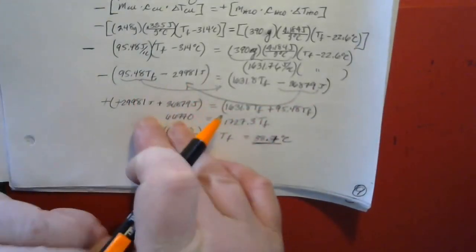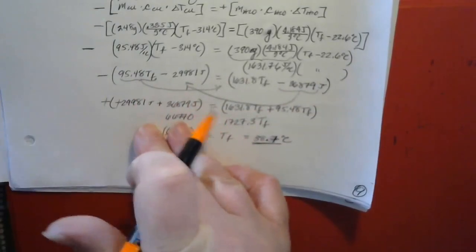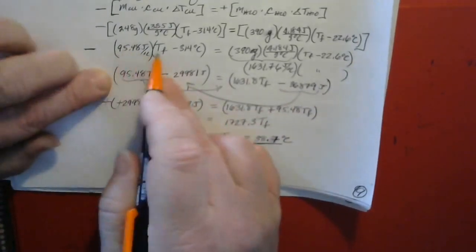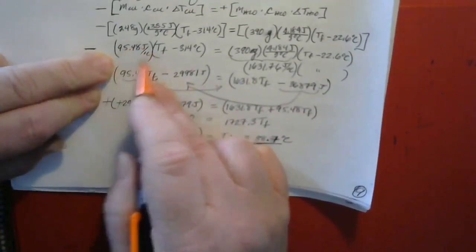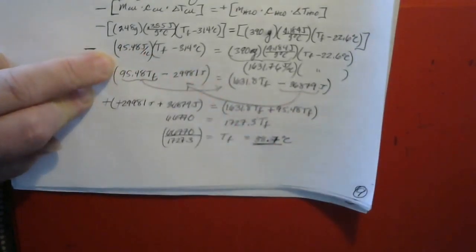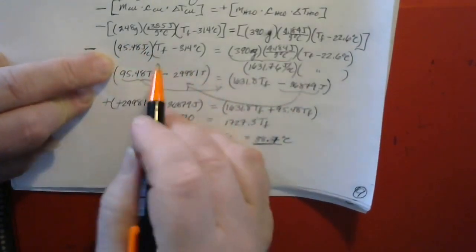Right, well, now probably the easiest way to do this would be to multiply through the numerical term over the term that involves TF.